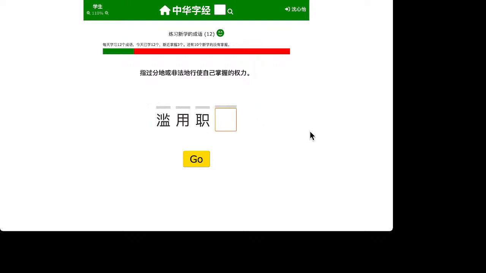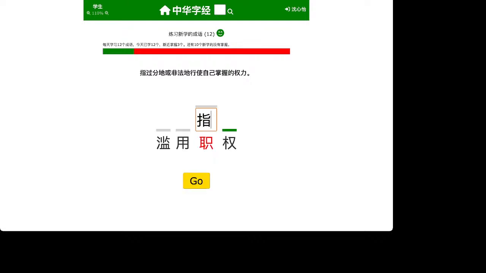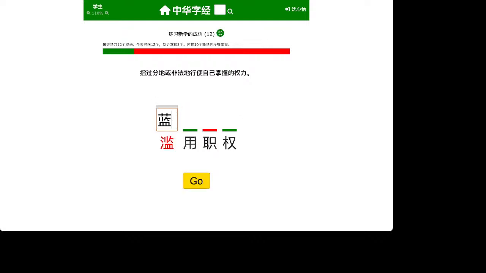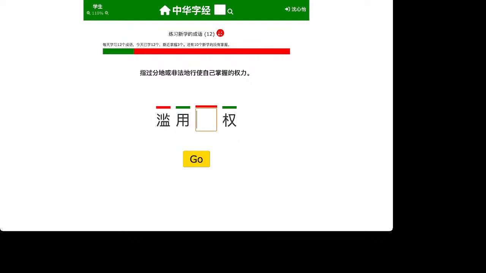填一个空格，滥用职权，this is this one. I just saw it and now I don't remember what this one is. This one? No. 滥用职权, oops. 用, that's this. This one? No. It's the one with water. I knew that. Because it's the overflowing thing. Now where is that?